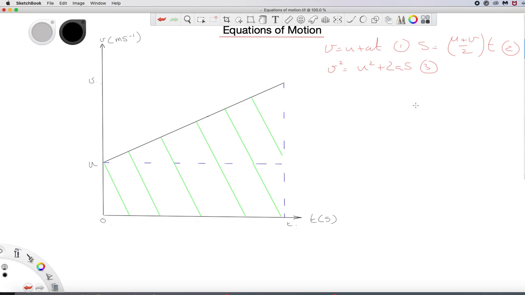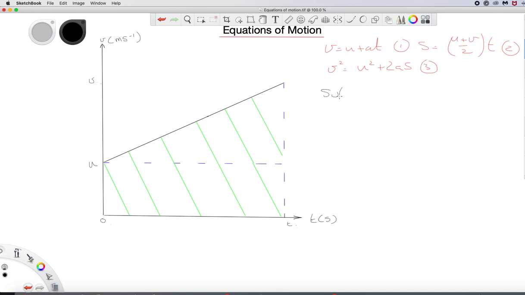If we were to put this in here for v, then we would have an equation which only has s, u, a, and t in it. So let's do that.